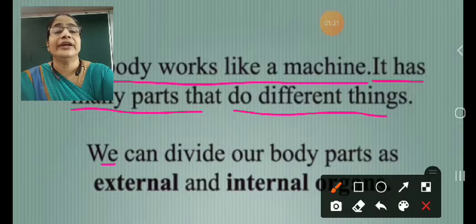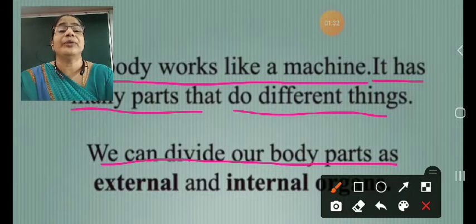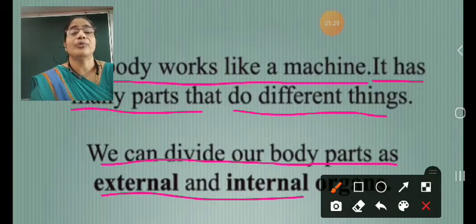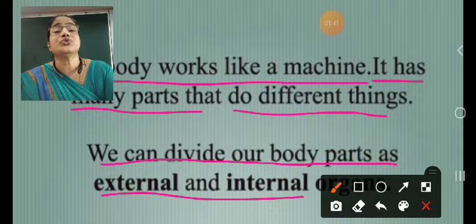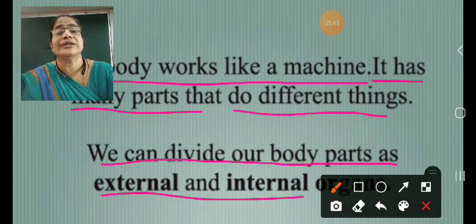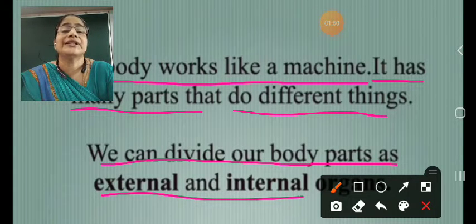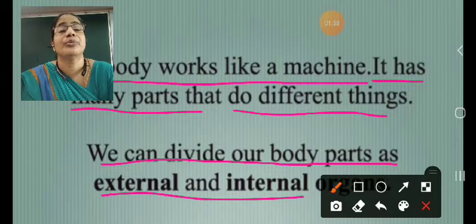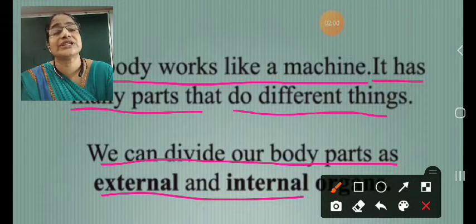We can divide our body parts into external and internal organs. I already told you, external means the body parts we can see, and internal body parts means those inside our body that we cannot see.